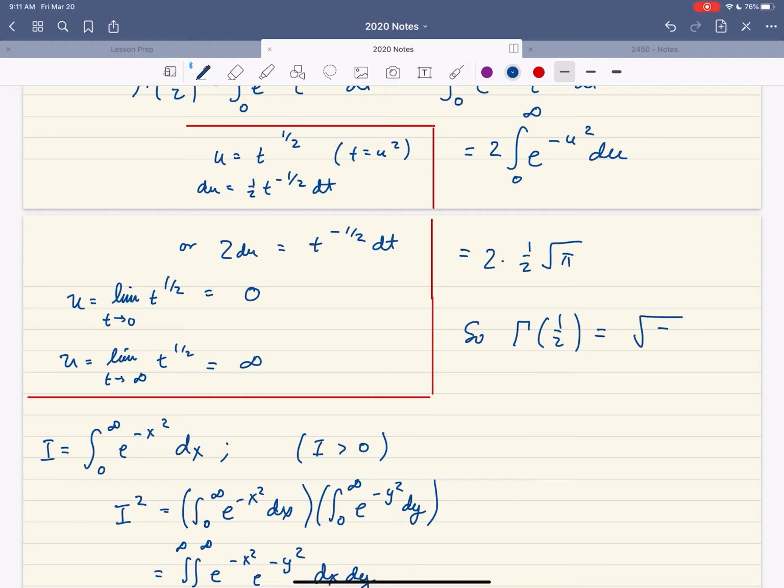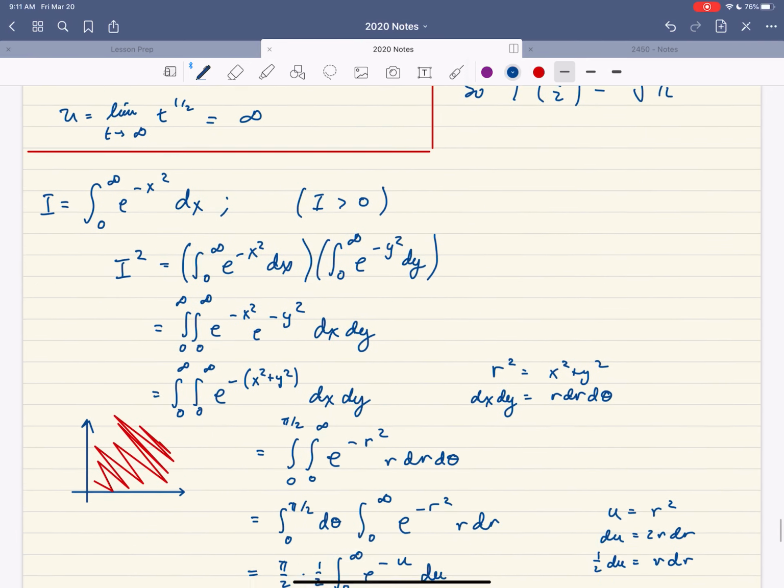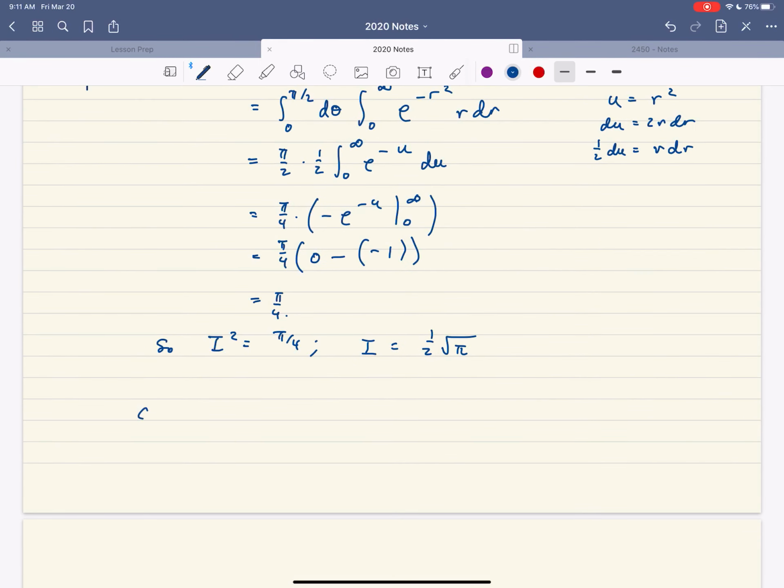And so it turns out that gamma of 1/2 is square root of pi. That's the other big family of values that we're going to worry about for the gamma function. And by family, what I mean is the half integers. So if you were to have gamma of 5/2, that would be 3/2 times gamma of 3/2.